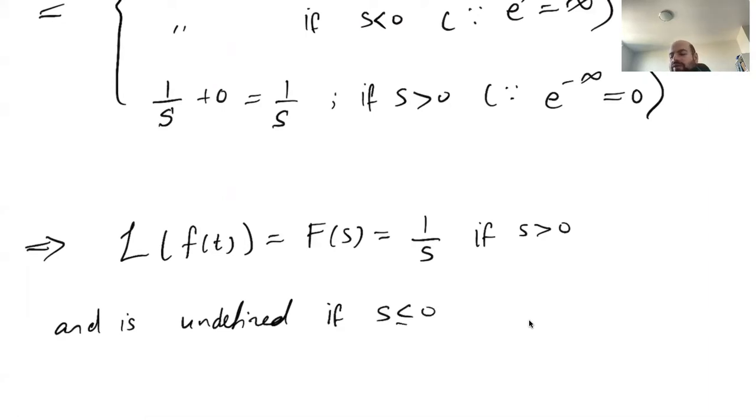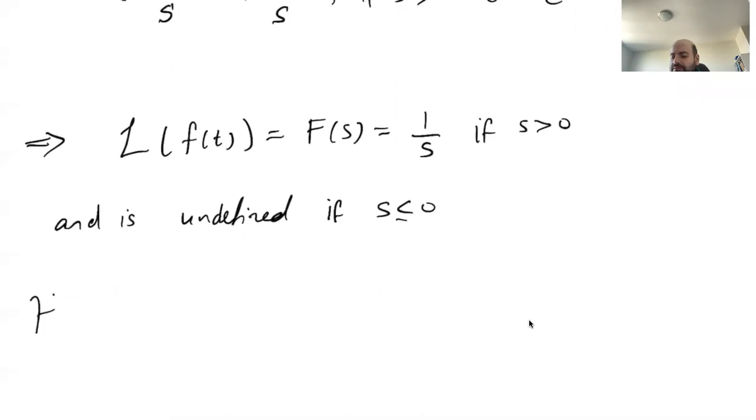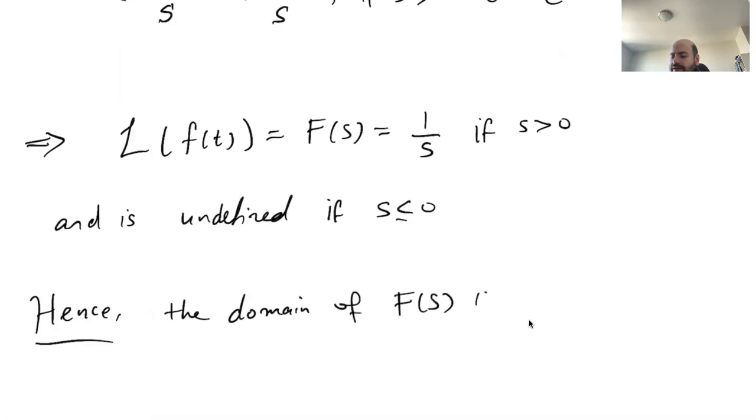So then what is the domain of this function? The domain of capital F of s is this interval 0 to infinity, because it's defined for positive numbers. So the domain is 0 to infinity.